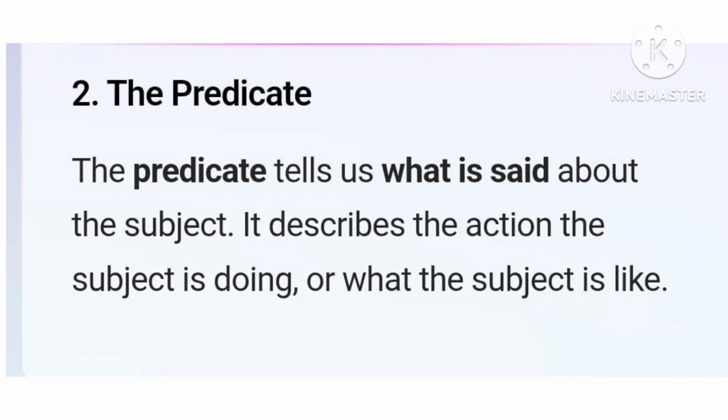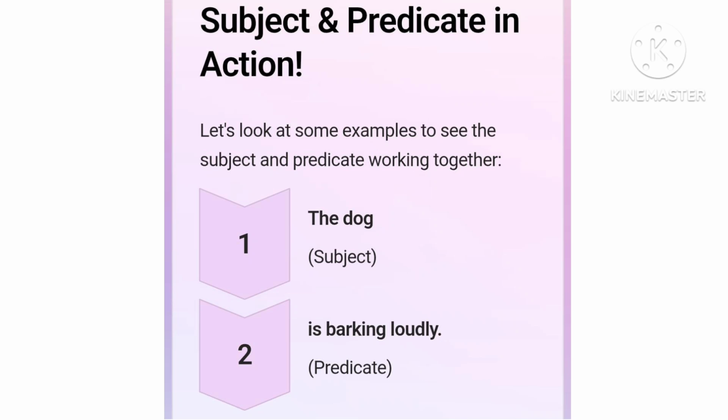Let's look at some examples to see the subject and predicate working together. The first sentence is: the dog is barking loudly. In this sentence, the dog is the subject and is barking loudly is the predicate.